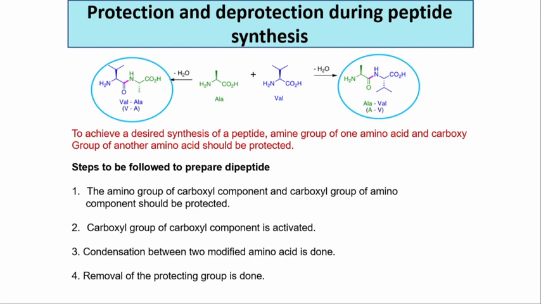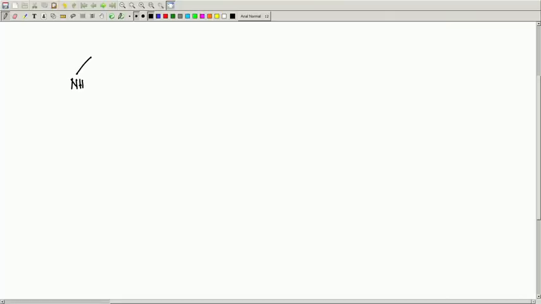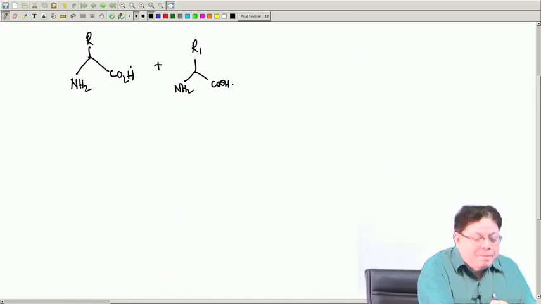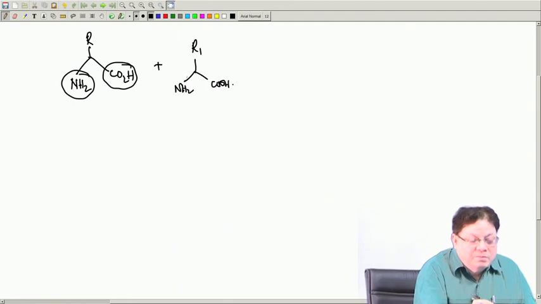Now, to do that, let me briefly go back to what we have said, that in doing a coupling between one amino acid with another one, several things have to be considered. One is because these are all functionally active groups, this one and this one, as well as this amine and this carboxy.